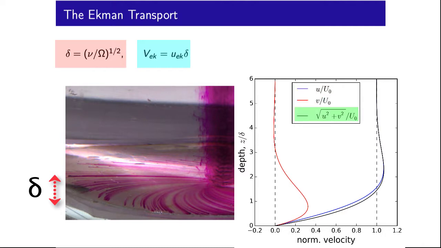And we see that the transition of the Ekman velocity from 0 to the geostrophic velocity is fairly linear, meaning we can approximate the Ekman velocity as about half the geostrophic velocity. Importantly, these velocities are of similar order and they scale together. This gives us an Ekman transport that is half the geostrophic velocity times the Ekman layer thickness, delta.